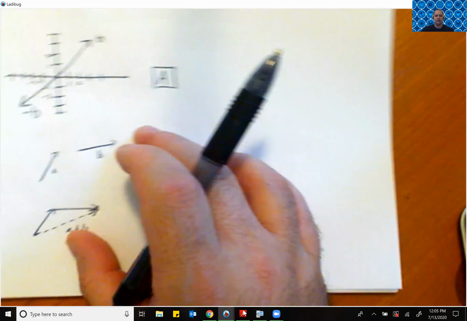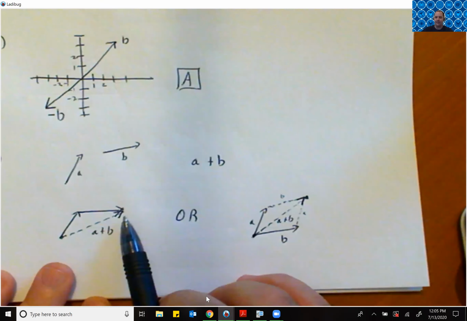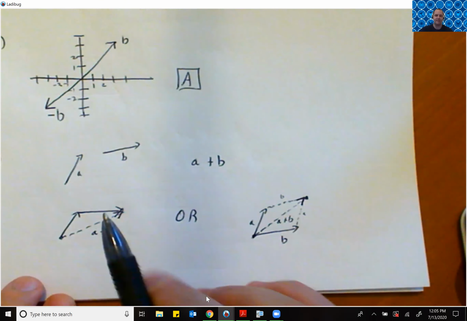So let's go back and look at our pictures. Here, it started here, they continued, and then they drew that line right there, but look where the arrow is. That arrow for A plus B is down here, and that's not correct. Remember, as I showed you, if they were doing that, the arrow should have been up here at the end of B. They should have been in the same spot.